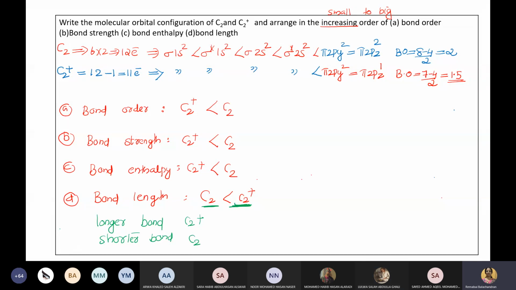Okay. What about paramagnetic or diamagnetic? Which one is paramagnetic? Which one is diamagnetic? C2 plus is paramagnetic, C2 is diamagnetic.